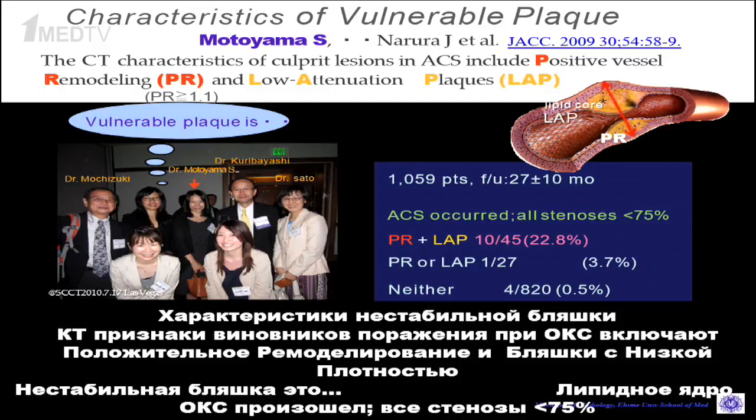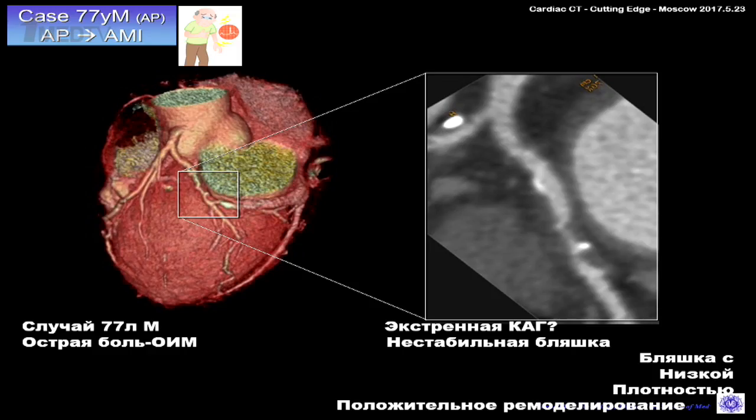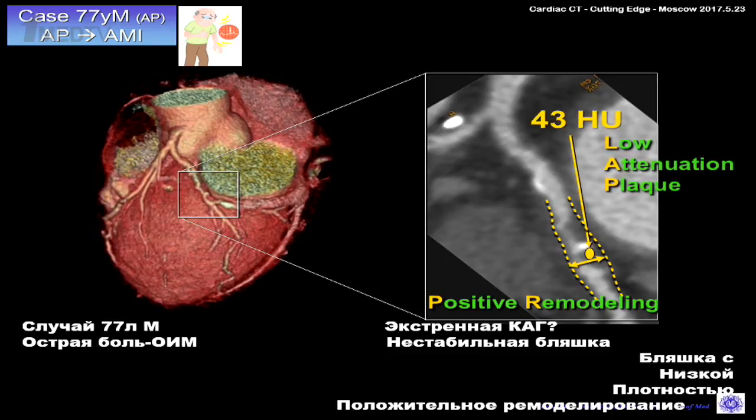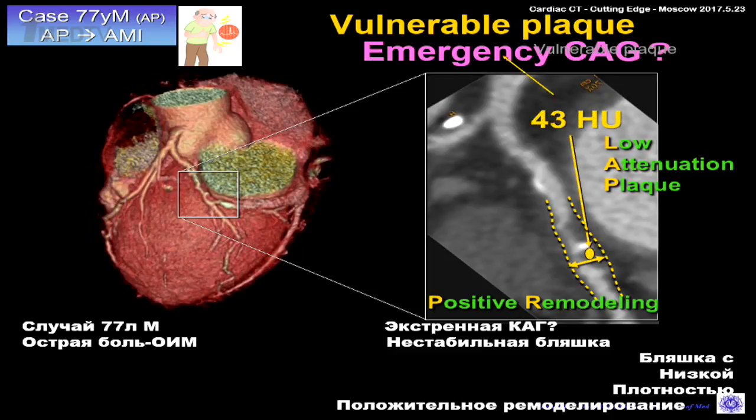This is positive remodeling. And there are plaque ruptures that make the artery occlusion. So the prior patient we examined had positive remodeling and low attenuation plaque. So this is obviously the vulnerable plaque.